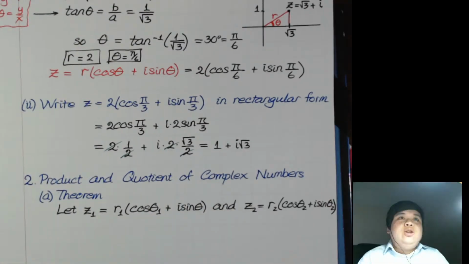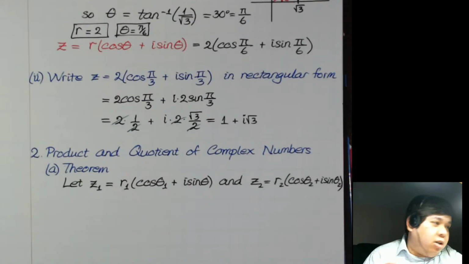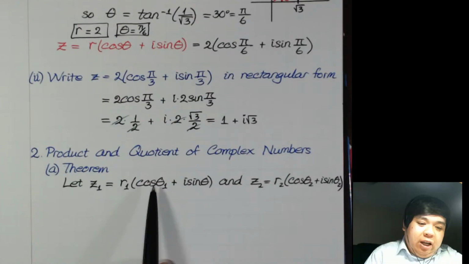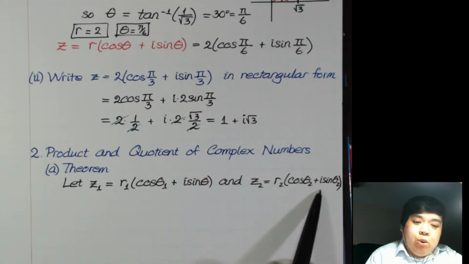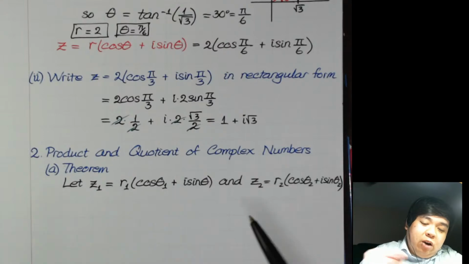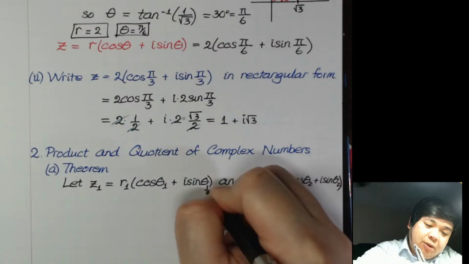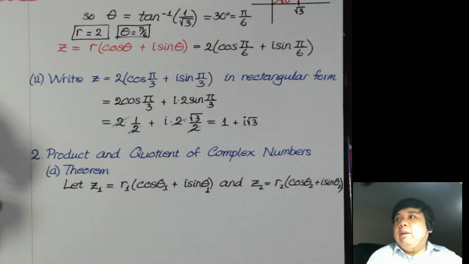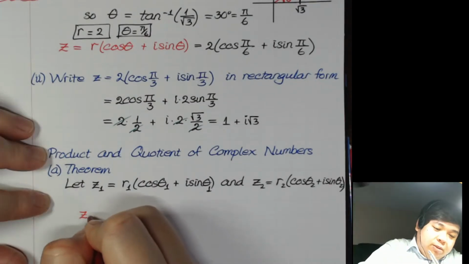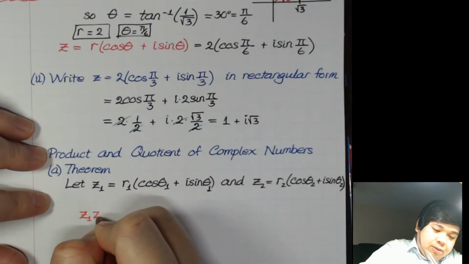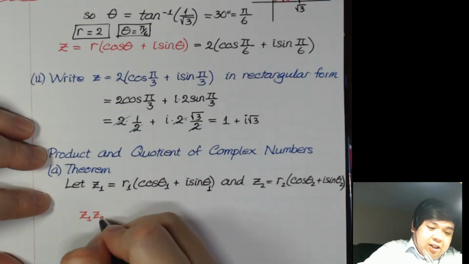So let's say we have two complex numbers, one with R1 and theta 1, one with R2 and theta 2. Notice that those two angles do not have to be the same. Now, if that is the case, then when we multiply them, it's very easy.